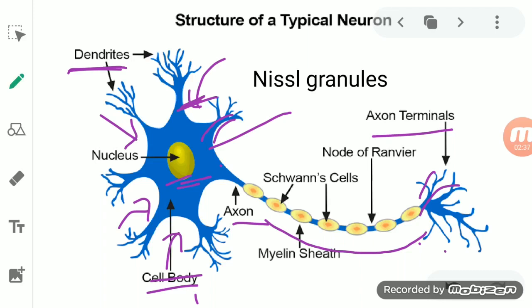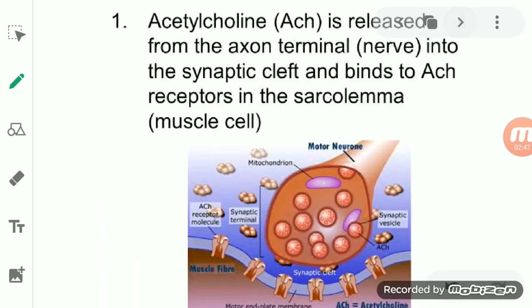So we can say the button consists of neurotransmitter-filled vesicles. One such neurotransmitter is acetylcholine. So acetylcholine is an important neurotransmitter.